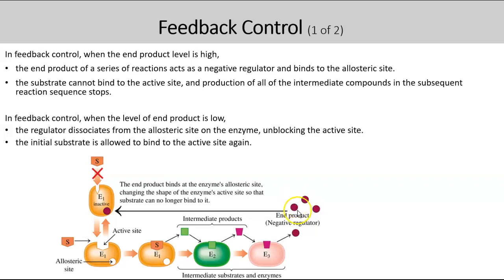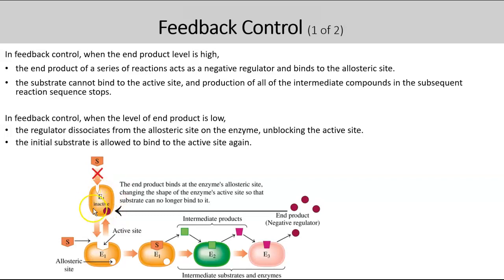Now, this end product itself will work as a regulator molecule in this reaction. How? These end product molecules will go and bind with the allosteric site of the enzyme. Now, what happens when it's bound to the allosteric site? The enzyme's shape is going to be changed.